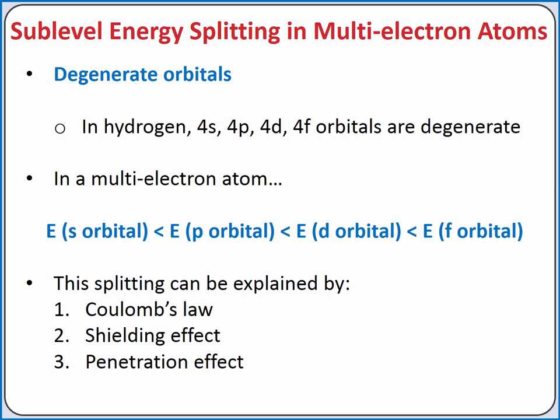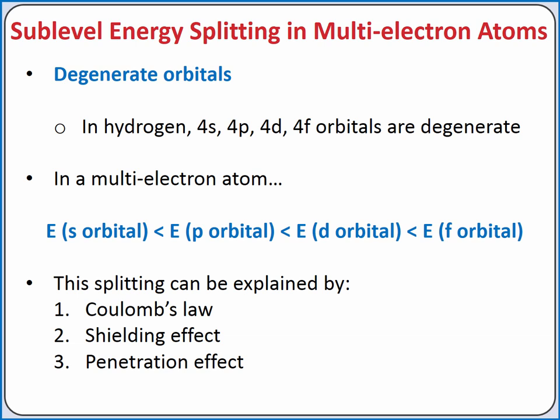For hydrogen, all orbitals with the same principal quantum number are degenerate. So in hydrogen, the 4s, 4p, 4d, and 4f orbitals all have the same energy.